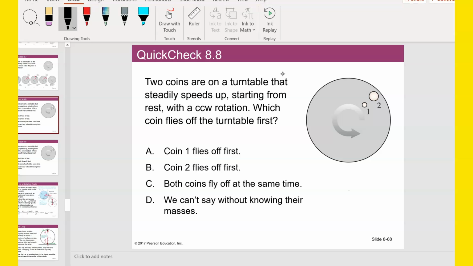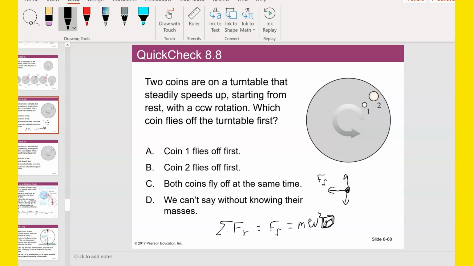We do a free body diagram where this is the frictional force. We have gravity and normal force, but the sum of the forces in that R direction is just the frictional force. That's going to equal m omega squared R. So the frictional force is going to have to be bigger when R is bigger, right?